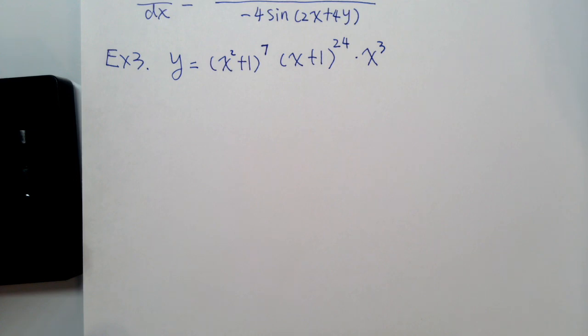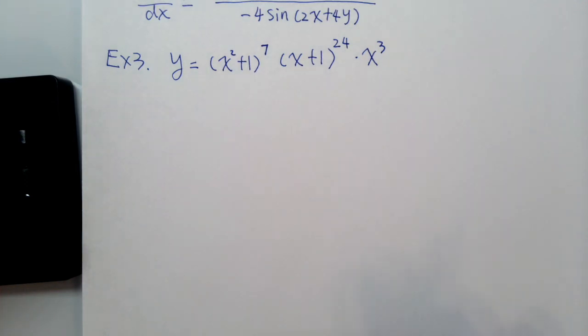So definitely we can do that. But anytime you see a multiplication of polynomials, and especially with pretty high order, then the best approach to find the corresponding derivative is to apply the logarithmic differentiation.